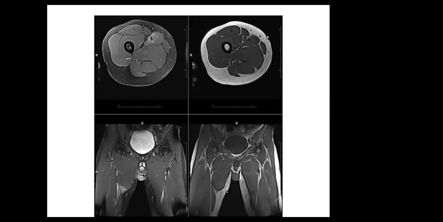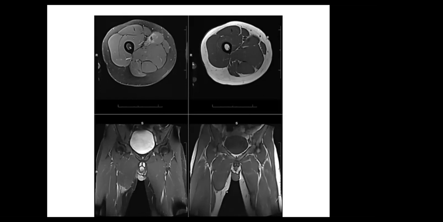Multi-sectional MRI images show high signal intensity in the medial muscle compartment, mostly involving the adductor magnus muscle, we can say medial muscle compartment.